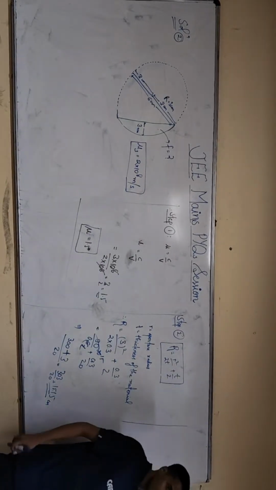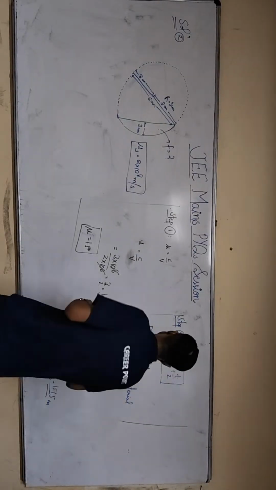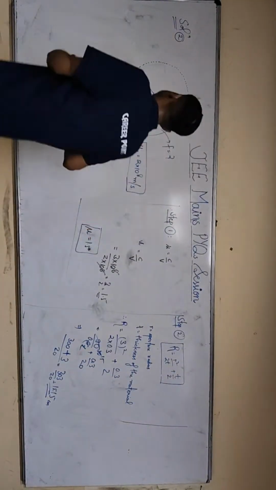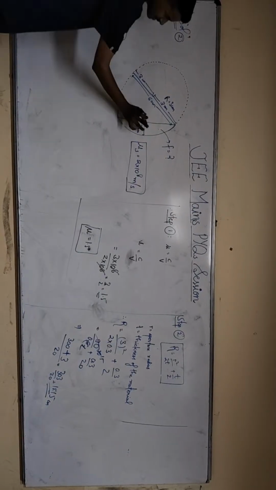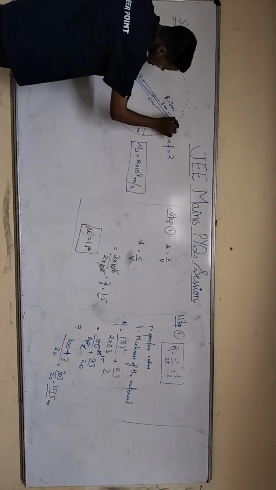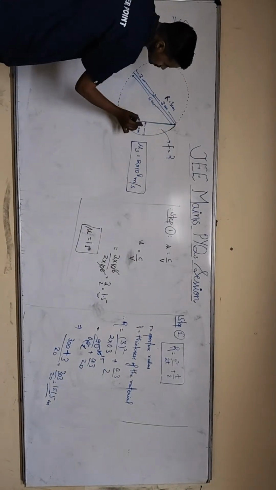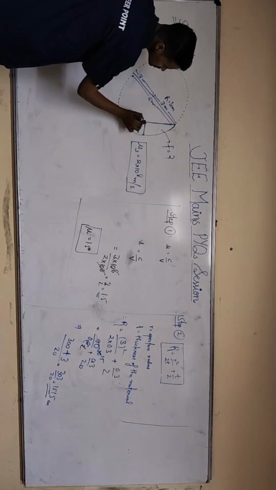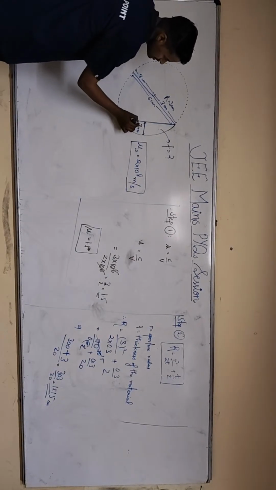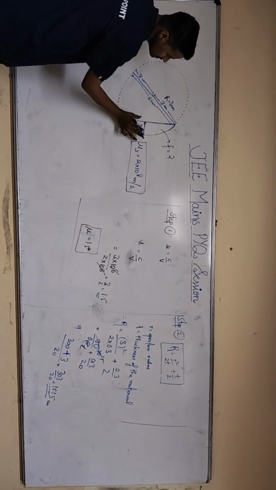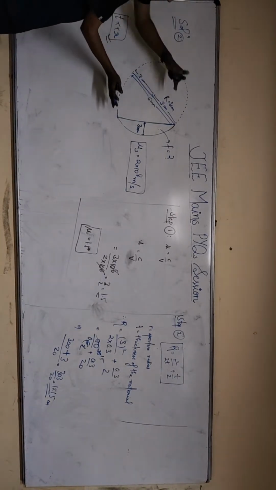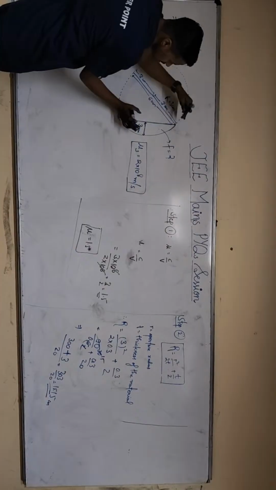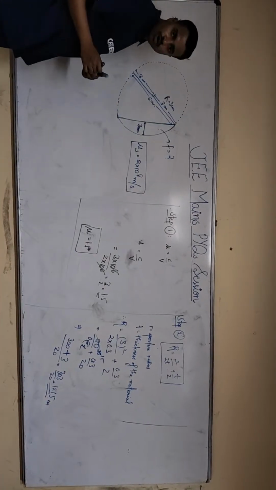Now, as we know very well, the thickness is very less than the aperture radius. As you know from the figure, the thickness of the material is small and the aperture radius is big.